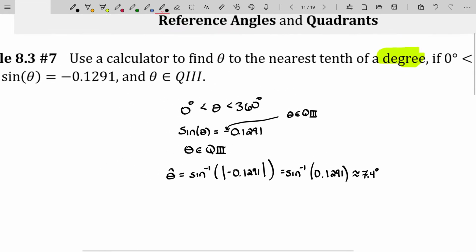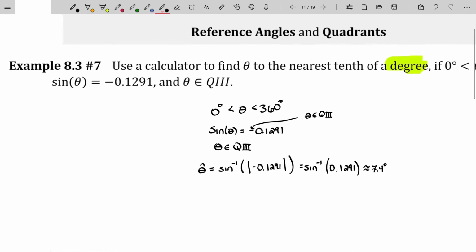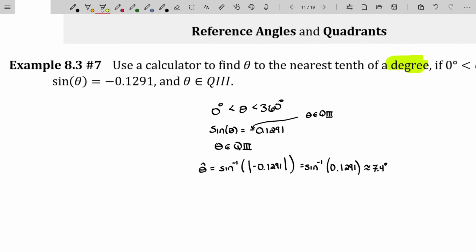Now, that's not my actual angle. That's the reference angle. I have that reference angle in this quadrant. So if you can visualize it, you have an angle rotating into quadrant 3. It's a very small reference angle of 7.4 degrees. So you've gone 180 degrees, and you're adding an additional 7.4 degrees.